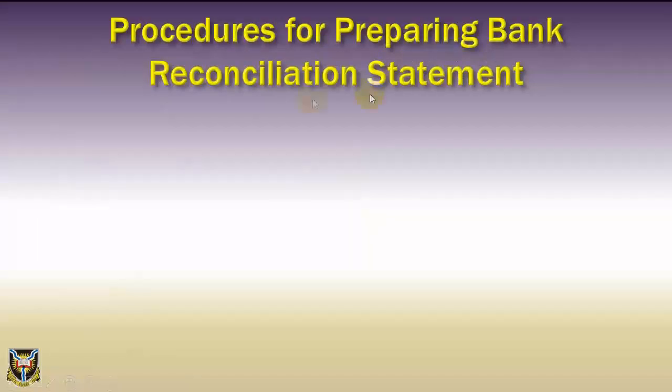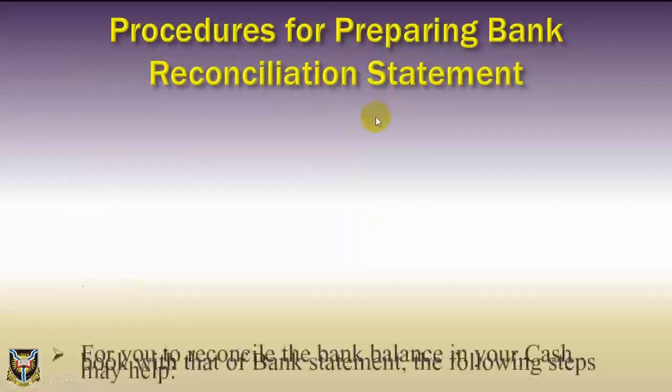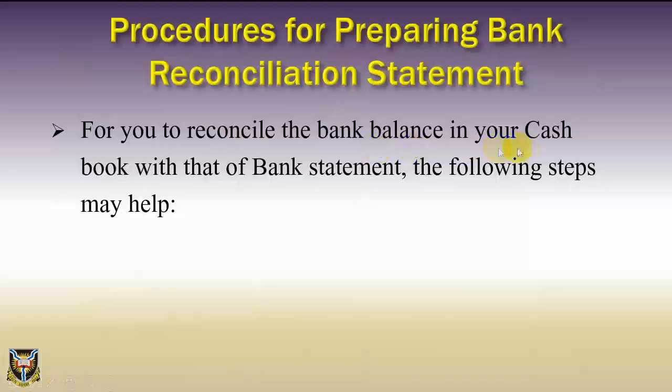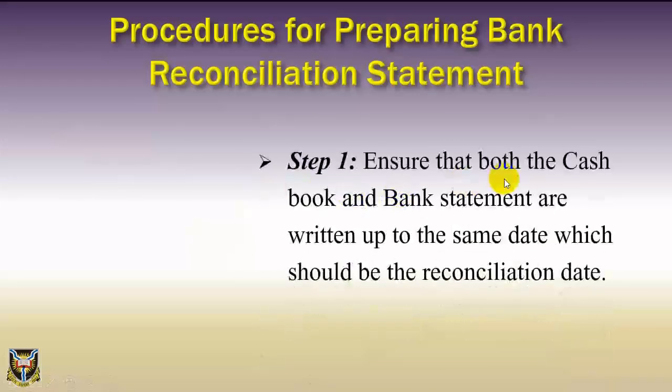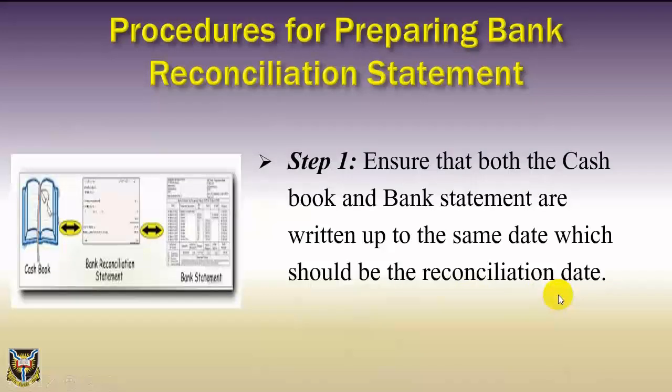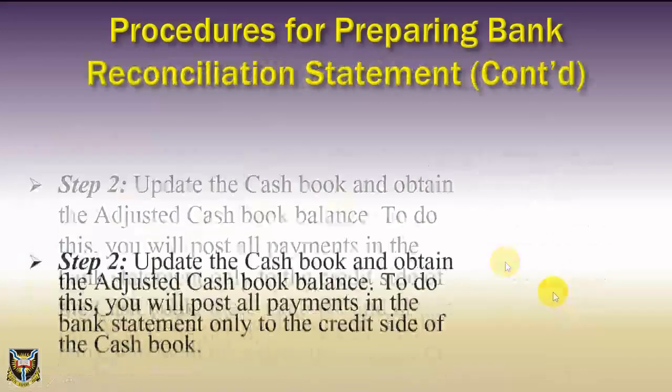E. Procedures for preparing bank reconciliation statement. For you to reconcile the bank balance in your cash book with that of the bank statement, the following steps may help. Step 1. Ensure that both the cash book and bank statement are written up to the same date, which should be the reconciliation date. Step 2.